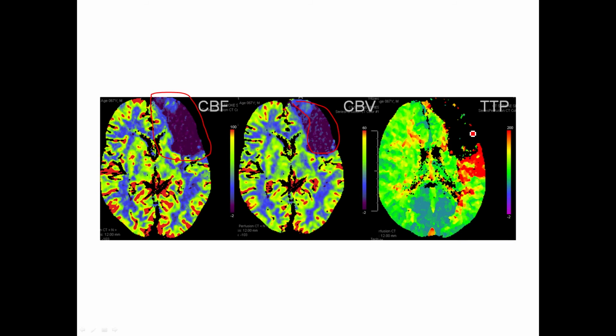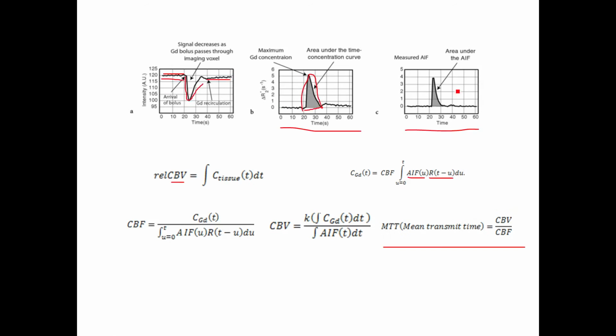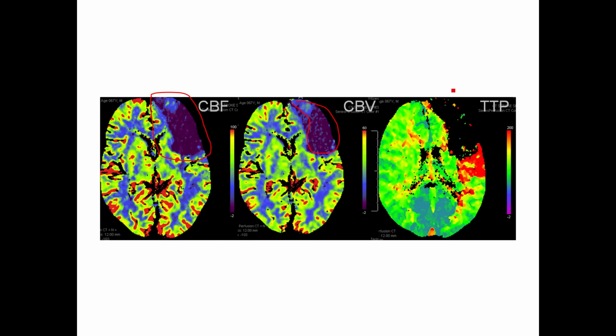because they are correlated with each other. Time to peak is the time required for a signal to drop to its minimum value, or the concentration to achieve its peak value, which is also dependent on mean transit time.